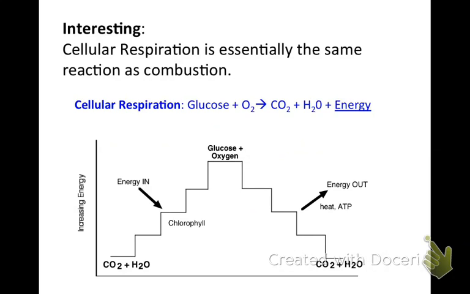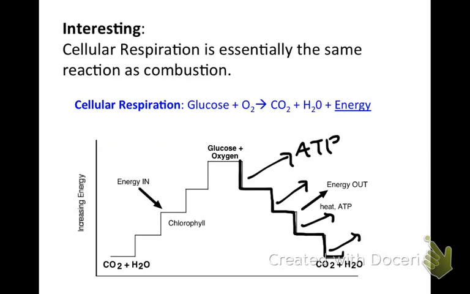And so energy is released at gradual steps during cellular respiration. Right? And during each drop in step, we're going to release some energy. And some of that energy is eventually going to go to make ATP. And this whole process of cellular respiration is all mediated by enzymes.